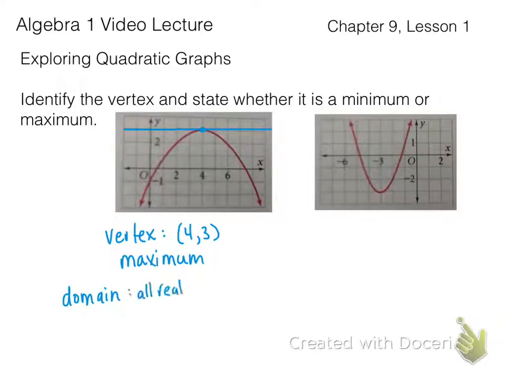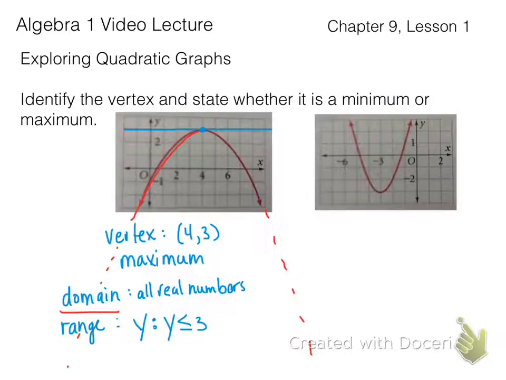You could say the domain is all real numbers, because this graph is going to go on forever and ever, past my iPad and past this recording, covering all the x's it possibly could, which is why the domain, which is the x, is all real numbers. The range, on the other hand, is basically that blue line that I drew. Nothing takes place on the y-axis past that line, which means we state that the range is less than or equal to 3.